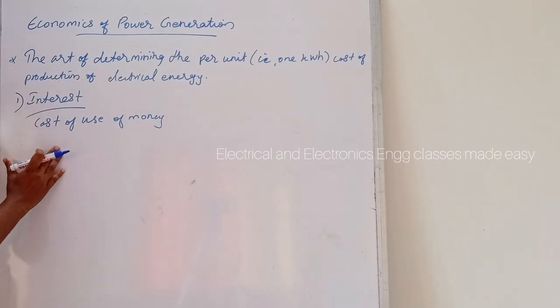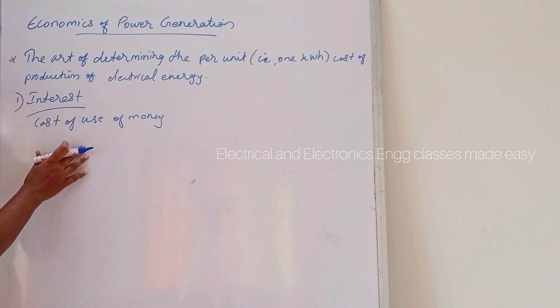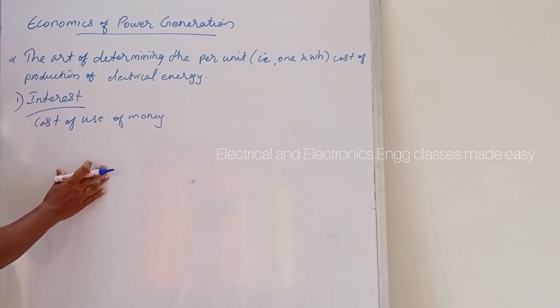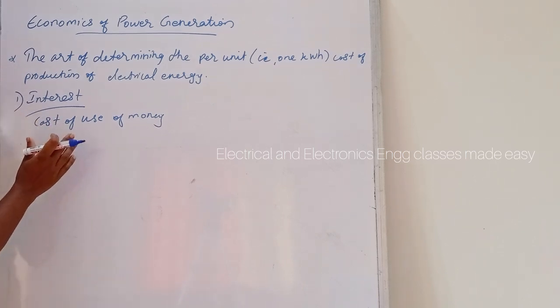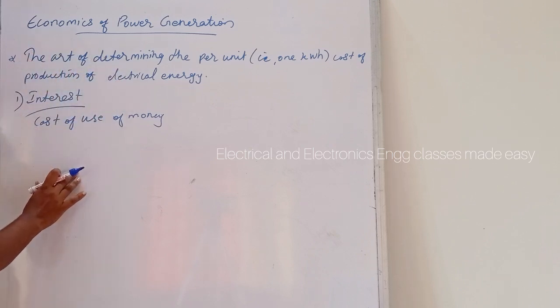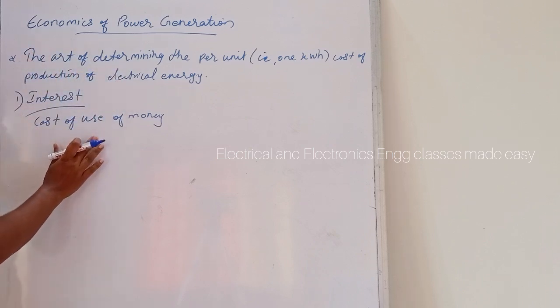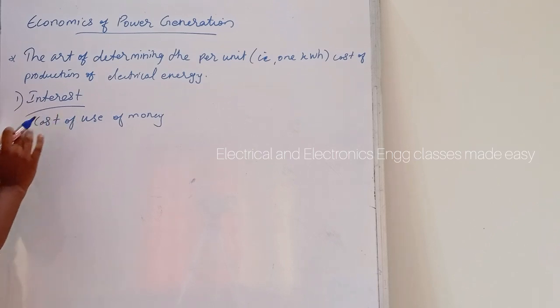So a power station is constructed by investing a huge capital, and this money is generally borrowed from banks or other financial institutions, and the supply company has to pay the annual interest on this amount. So while calculating the cost of production of electrical energy, the interest payable on the capital investment must be included.